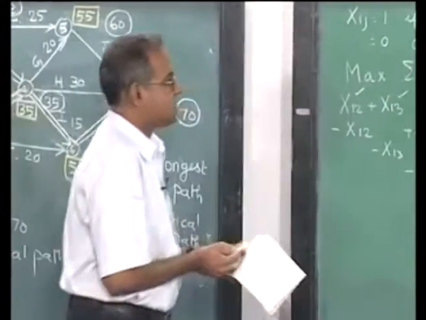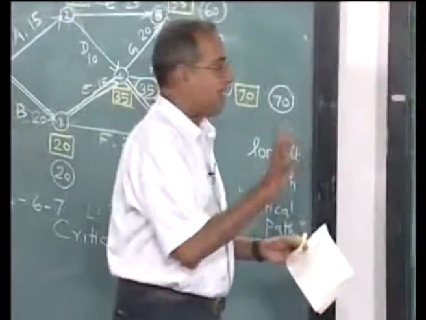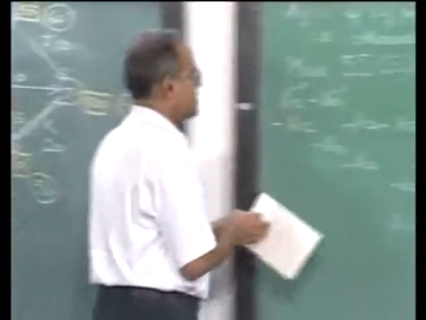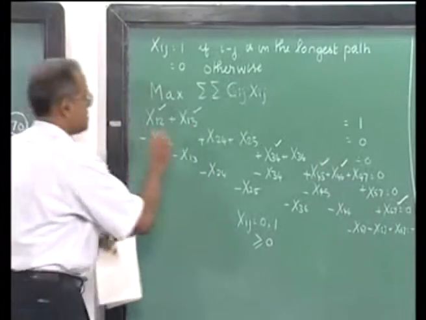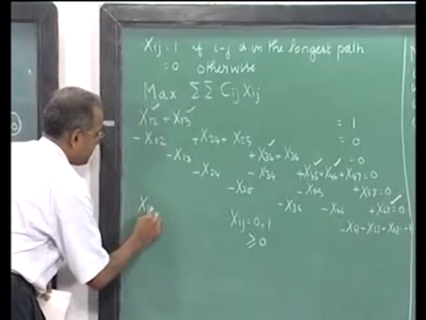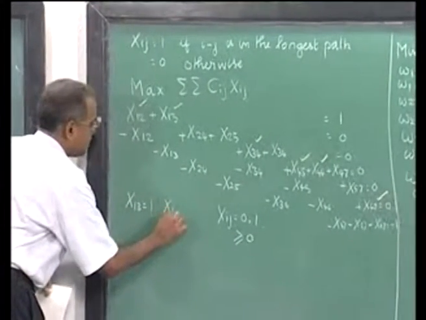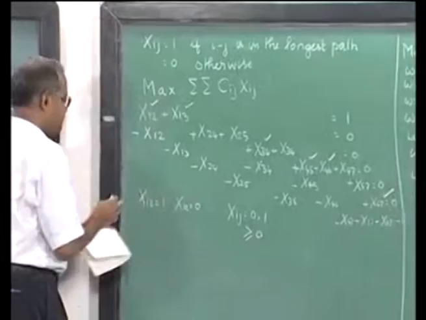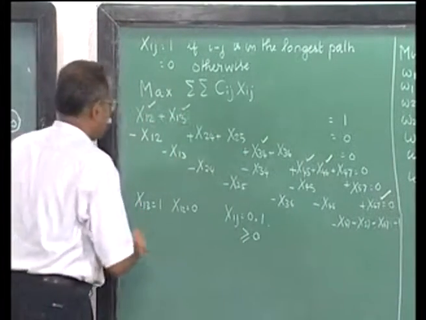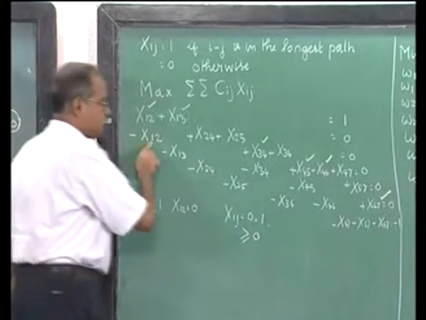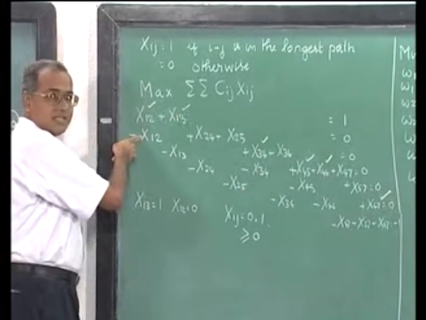So these are the 6 basic variables that we have, and then we realize that the solution will be x12 plus x13 equal to 1. So now we treat x13 equal to 1, x12 equal to 0. So this is satisfied. Now from this x12 is basic, so 0 equal to 0, from this constraint it is satisfied.